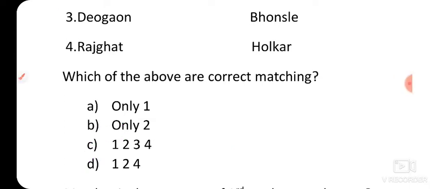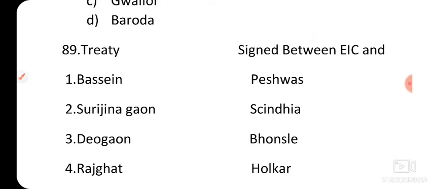Okay. So what happened? In 1802, the Holkar, of the Maratha Confederacy in Indore, defeated the Peshwas and Sindhia. So the Peshwas, out of fear, rushed to the East India Company and joined hands with it, and they signed the Treaty of Basin with the British East India Company, that is a type of subsidiary alliance. After that the British East India Company came to know that these Marathas were not following the principle of unity, they were fighting against each other.